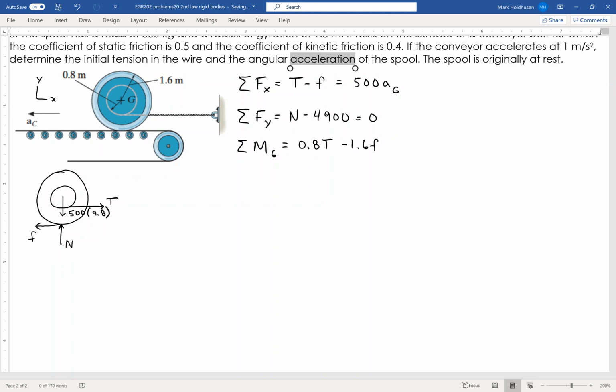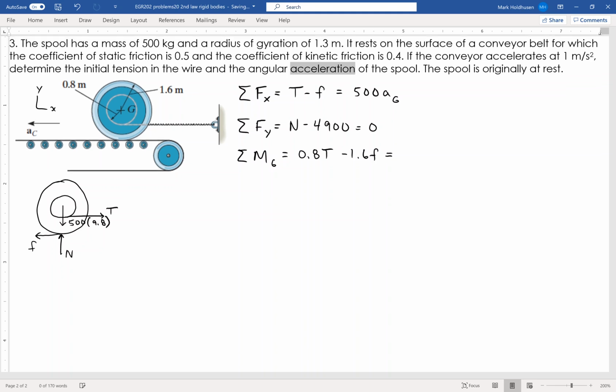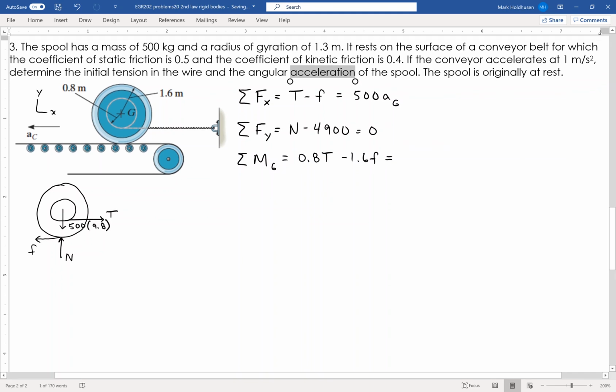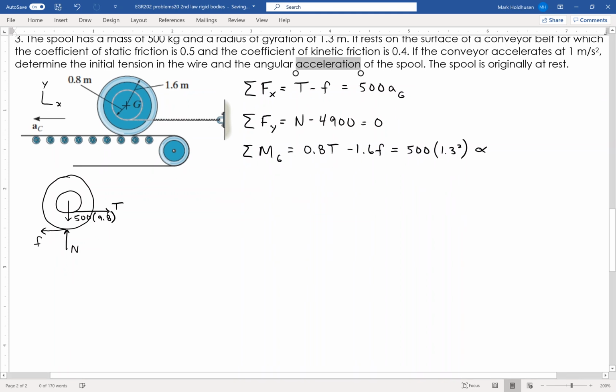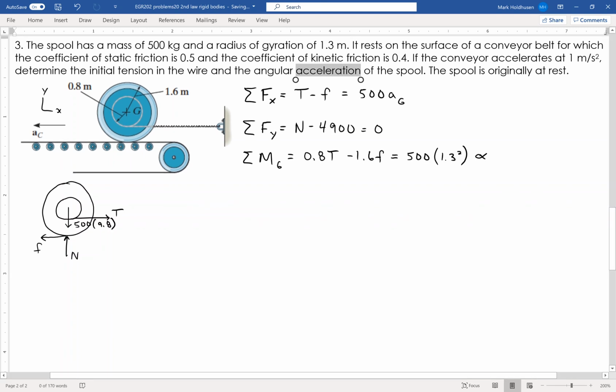Of course that is going to equal I times alpha, where I is the mass, 500 kilograms, times r squared, or not r squared, excuse me, the radius of gyration squared, times alpha. And again, I'm playing it stupid, I'll just say alpha is alpha. We'll relate alpha to whatever I need to relate it to in a little bit, and actually that's going to be a bulk of the problem that we're trying to figure out here.